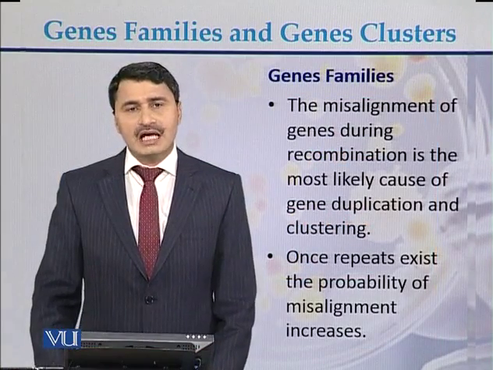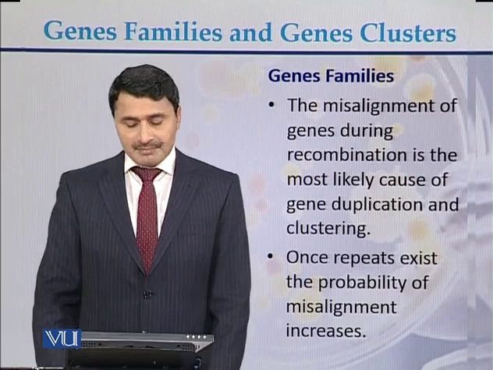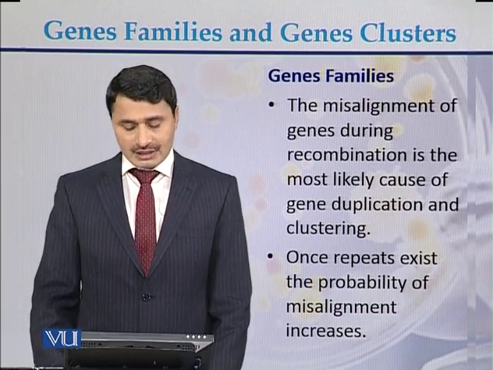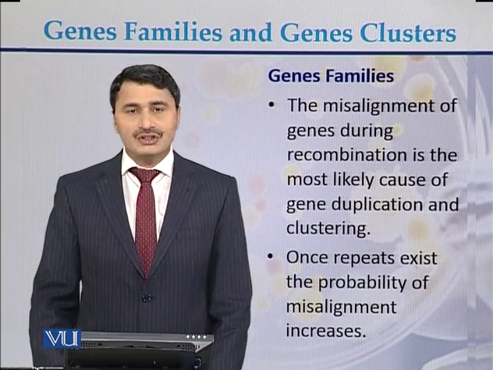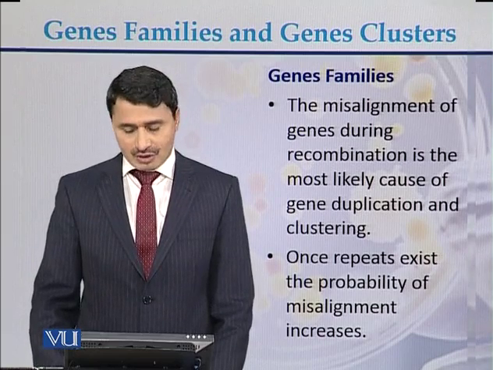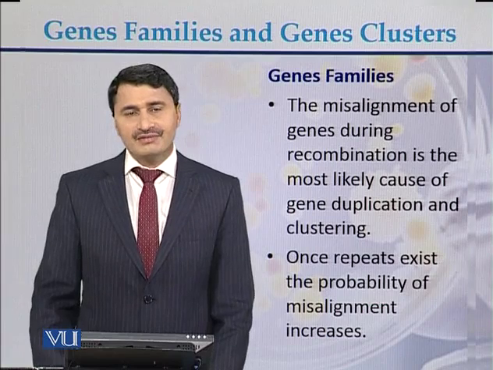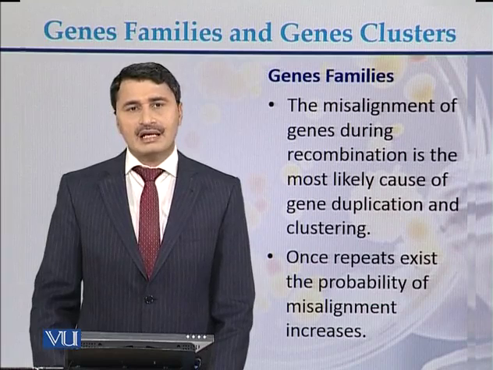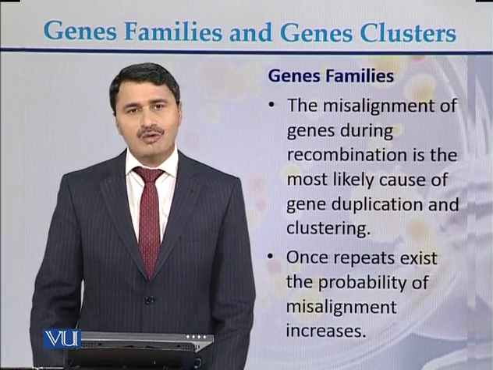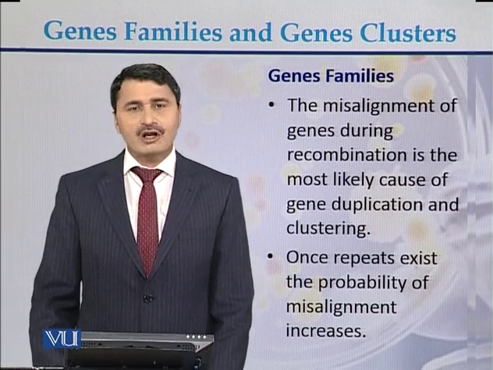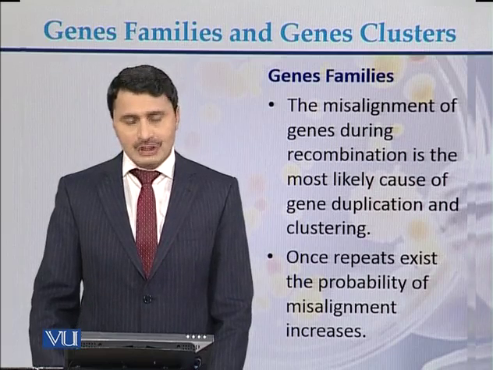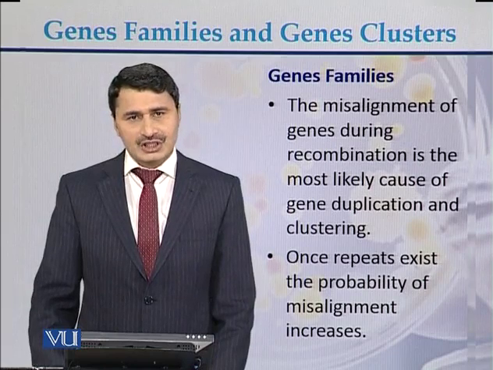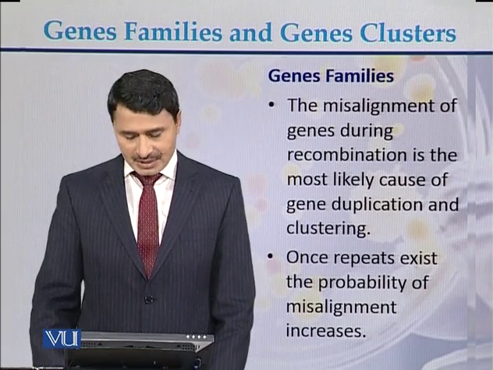How do gene families emerge? The misalignment of genes during recombination is the most likely cause of gene duplications. During recombination, if there is a misalignment between the alleles, between sister chromatids or homologous chromosomes, that is one of the major causes of gene duplication, which eventually forms gene clusters or duplicated gene families.